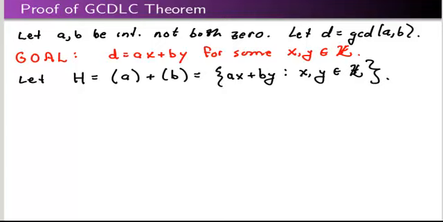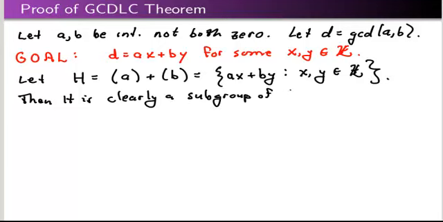And clearly, this is a subgroup. It's closed under addition, it's closed under subtraction, it contains the 0 element, so H is clearly a subgroup of Z, and it also clearly contains non-zero elements.